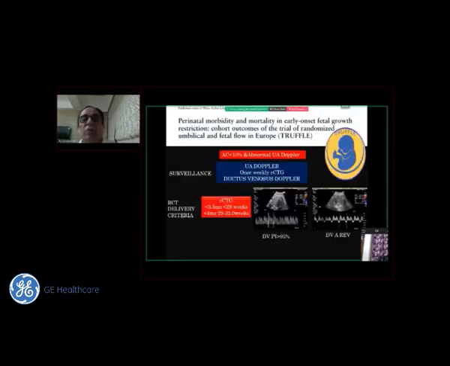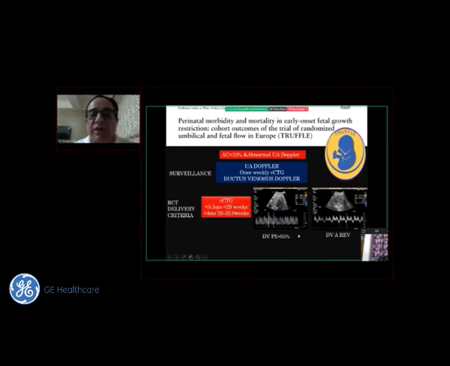Now, when we are talking about early FGR, the TRUFFLE study has been most useful as the endpoint of when to deliver the babies. So the three criteria that have been used in the TRUFFLE study is the CTG, which a lot of us do not have, but if you see variations from 29 weeks onwards, then we would consider it as a delivery criteria.